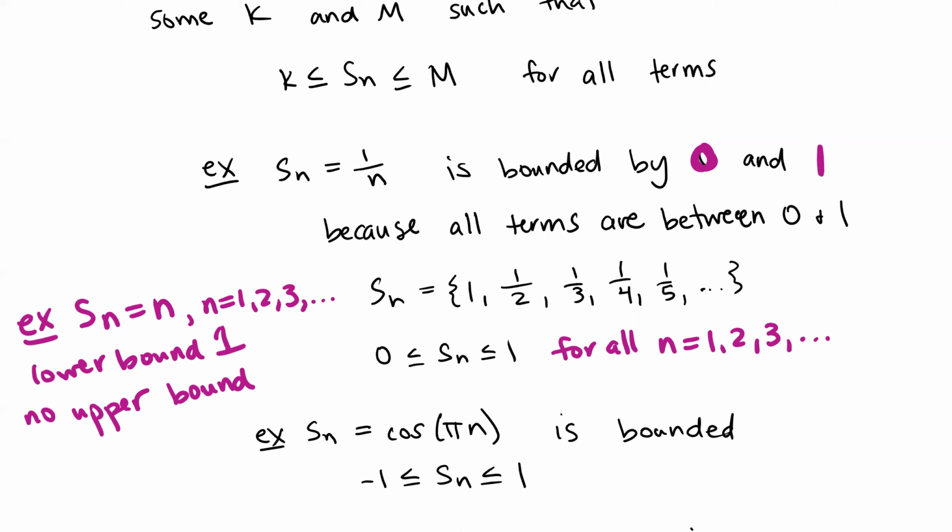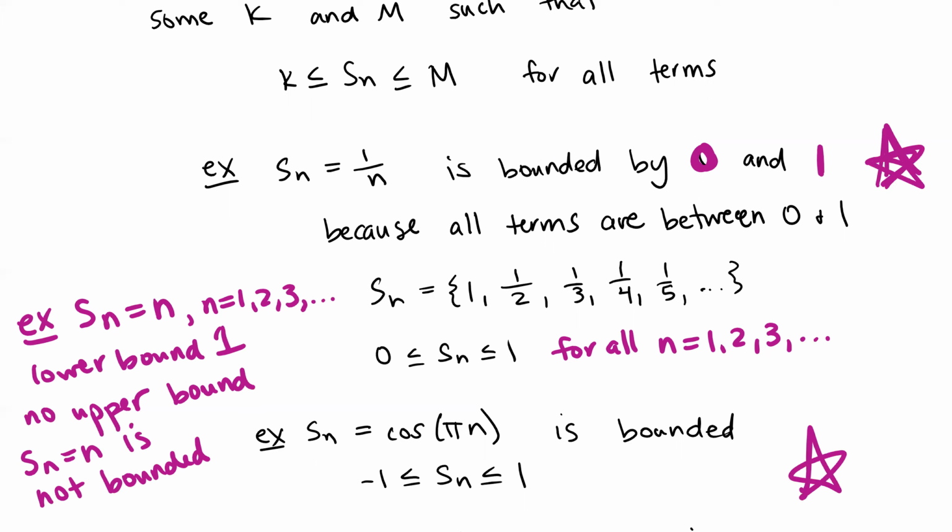So Sn equals n is not bounded. All right, so here we have two examples with sequences that are bounded. And then this last example here, the sequence is not bounded because we do not have an upper bound.